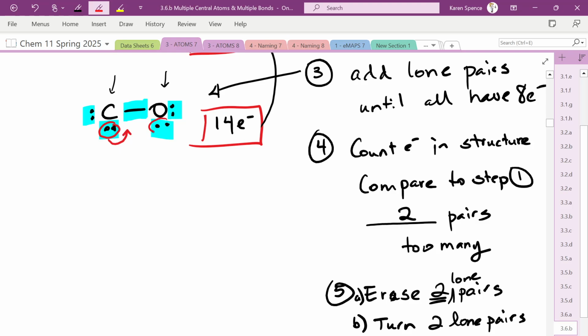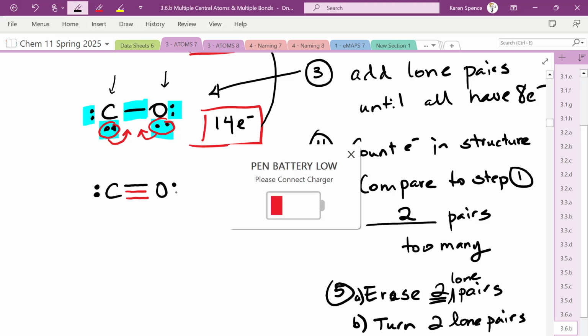And we're going to take this one here and turn it into a bond. So now I still have the two on the end. I still have a bond. But the red lone pairs have now become a bond and a bond. And then oxygen has a lone pair on the right.